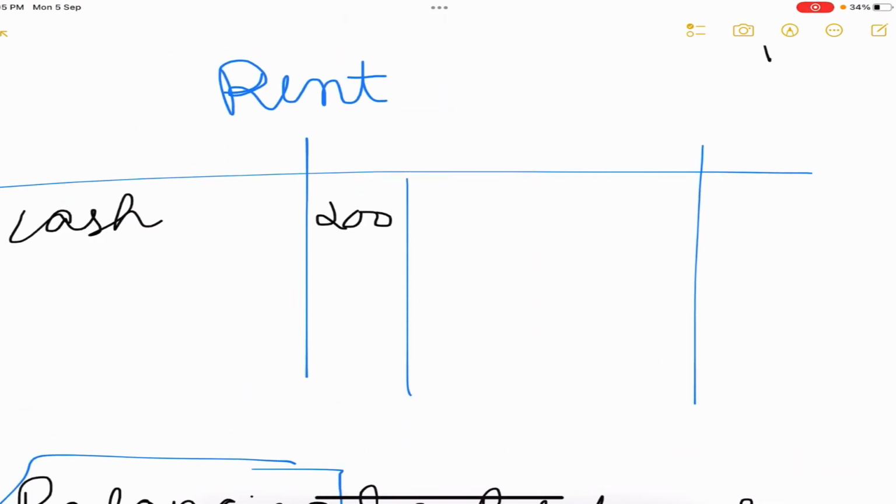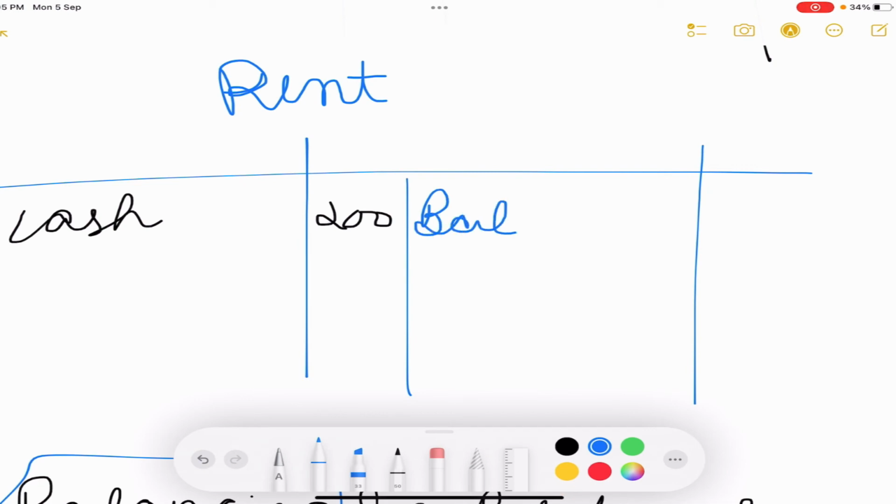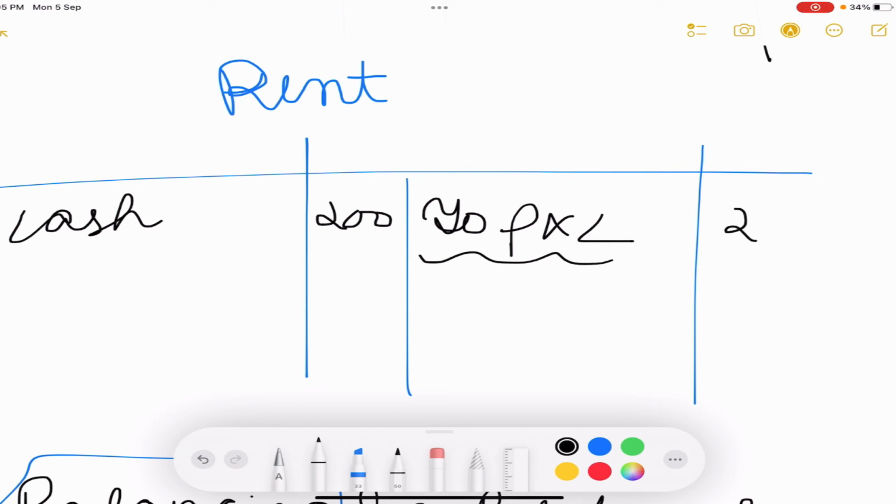So whenever you're balancing rent, you're not going to write balance carried forward. This is wrong. Why? Because rent is your operating activity. So here what are you going to write? Here you are going to write 2P and L, and then you are going to write 200, right?